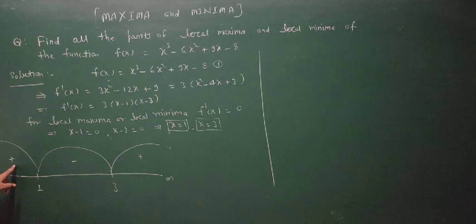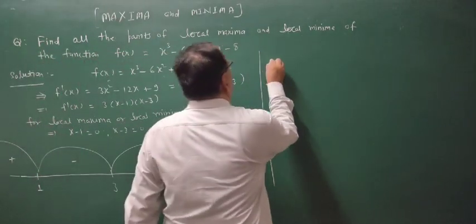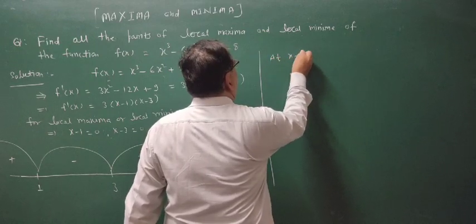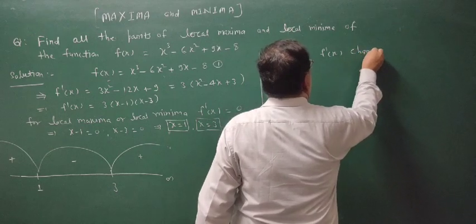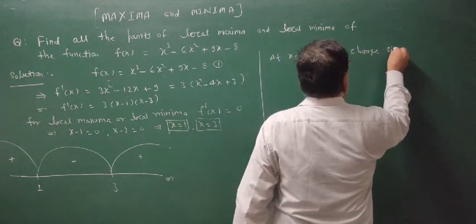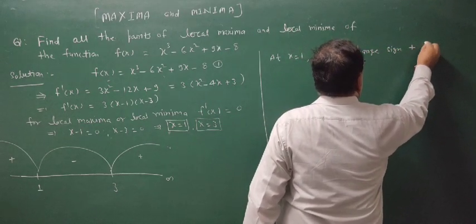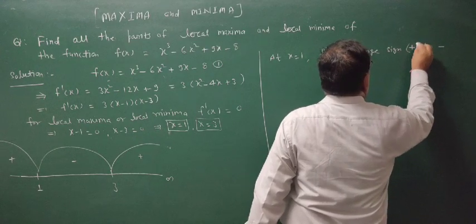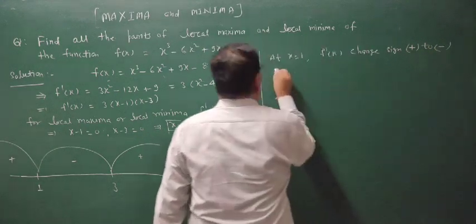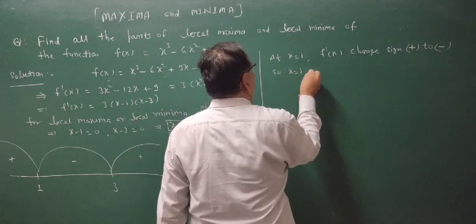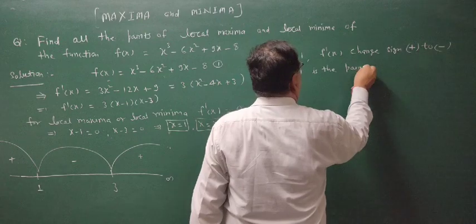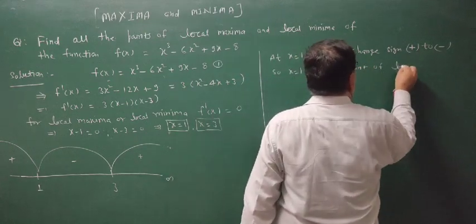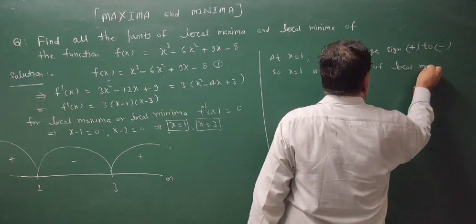So f dash x changes from positive to negative at x equal to 1. So x equal to 1 is the point of local maxima.